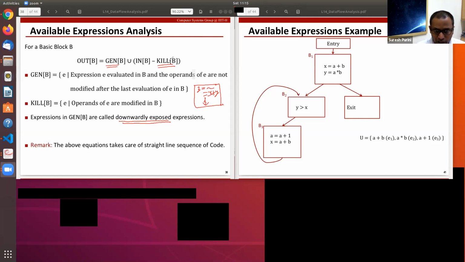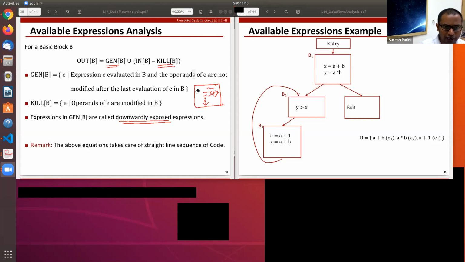There is one more case also, which takes care of the case which we considered before. Let's say you have a statement such as x is equal to something. And let's say that this expression x plus y, we call it E. So E is present here because it is downwardly exposed.